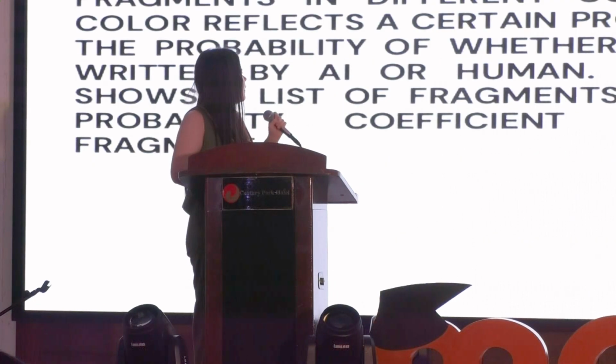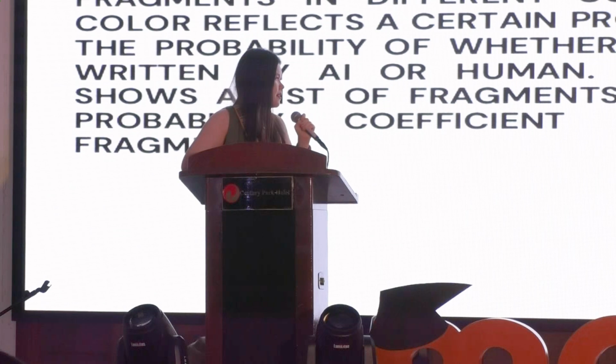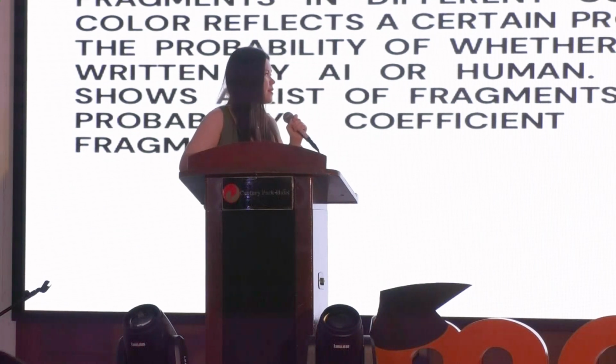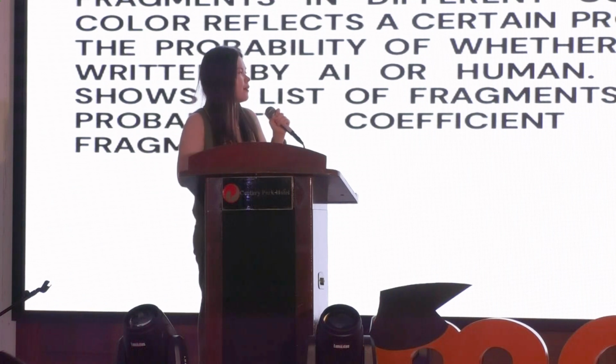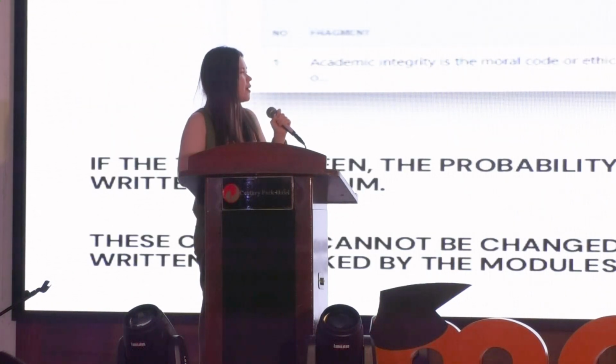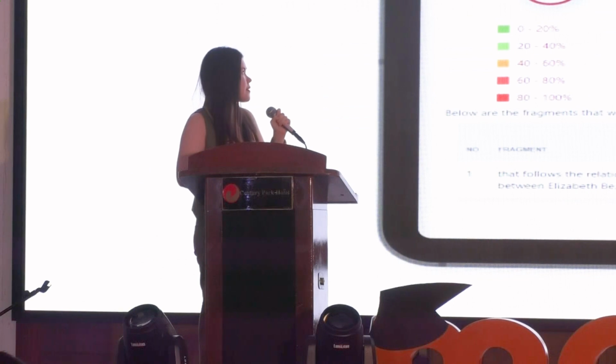Okay. So over there down below you see the details. We show you information details for each fragment. So you see what percentage of AI content we have separately for each fragment of the text.